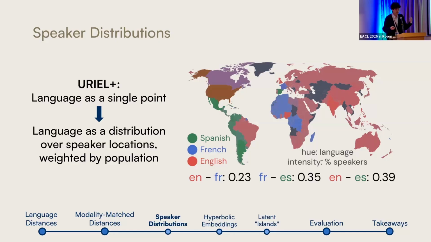And this allows us to capture, for example, the fact that in the United States, there are tons of speakers of English and Spanish, and this has been historically a place of language contact between the two languages. And as we can see on the figure here, the distances we get are a lot more realistic.